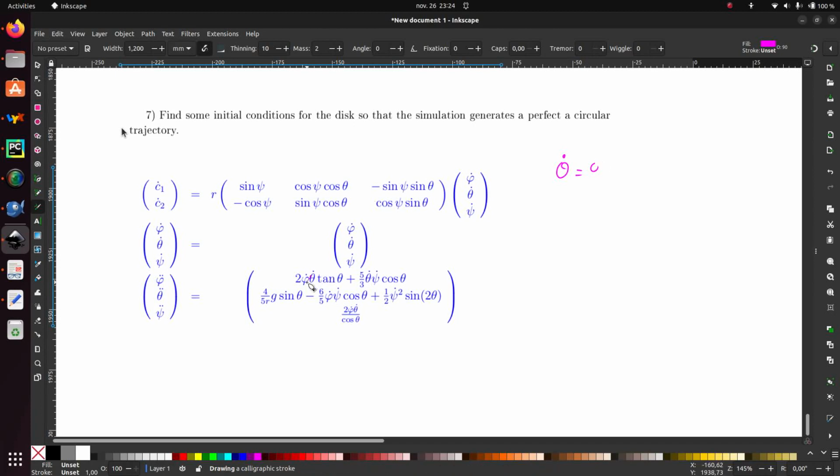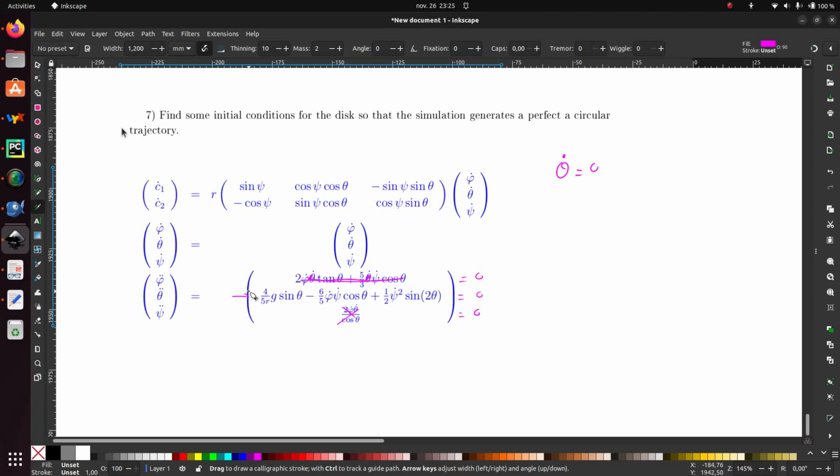It means that this is equal to 0, this is equal to 0, so all this is equal to 0. And we can understand that phi dot, theta dot, psi dot should be at least constant. So it means that all the second derivatives should be equal to 0. So the first line does not bring us any new information. So since theta dot equals 0, this is equal to 0. So I remove this. And all the information is inside this equation.